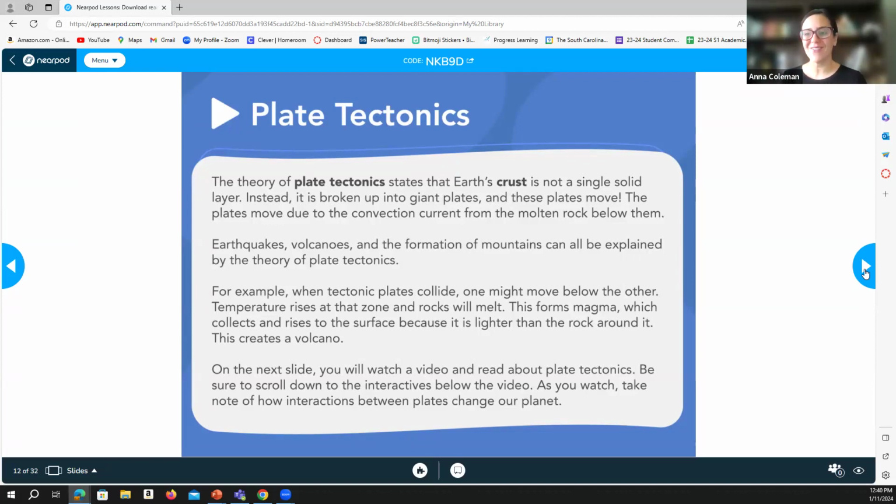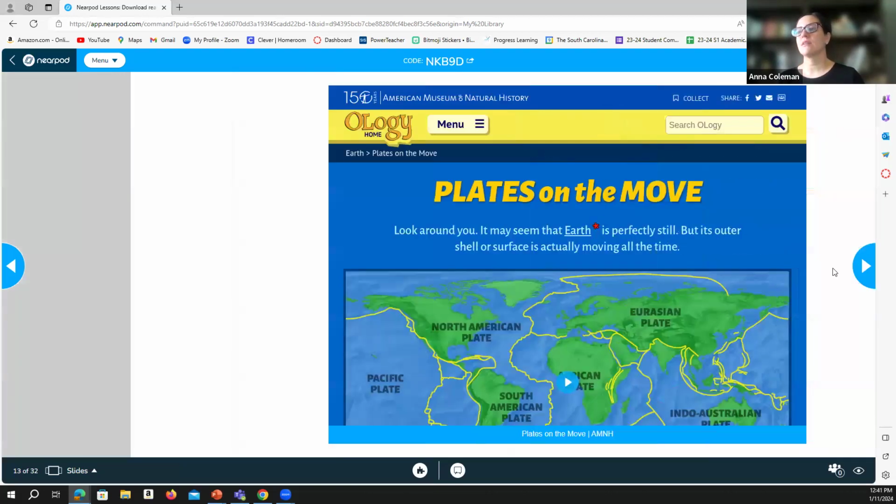This creates a volcano. On the next slide, you're going to watch a video and read about plate tectonics. Be sure to scroll down to the interactives below the video. As you watch, take note of how interactions between plates change our planet.